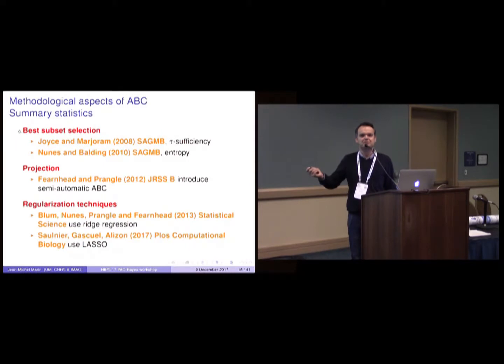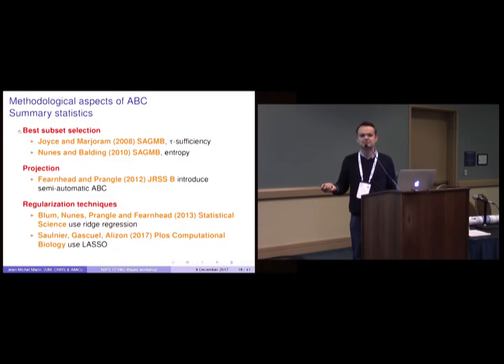So, some different ways to select or to weight the summary statistics using standard statistical tools for the regularization, using a nice idea in projection, but which is very difficult to do in practice, let's say, this one.